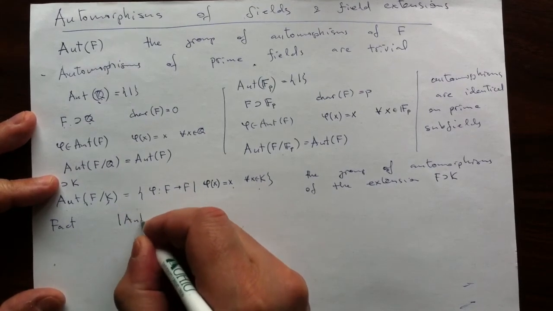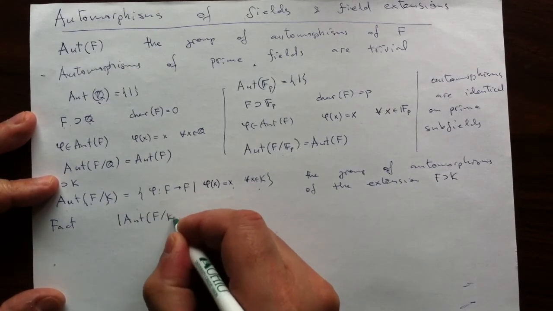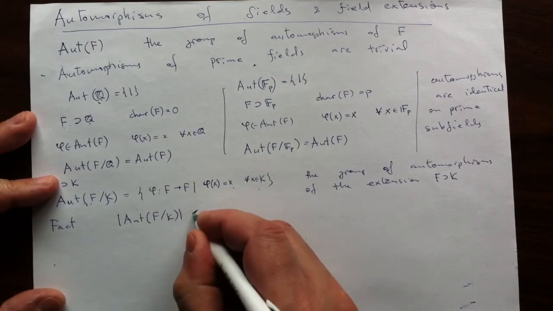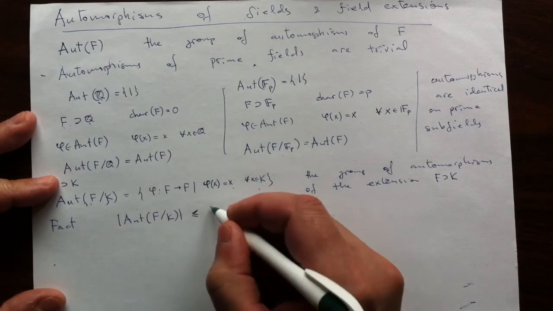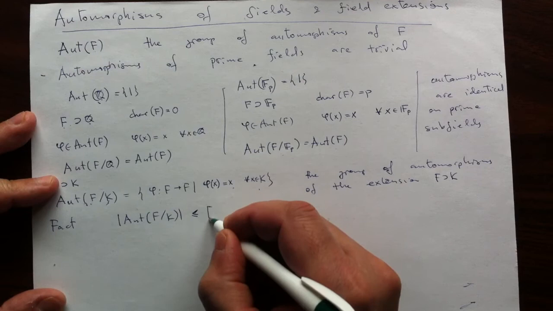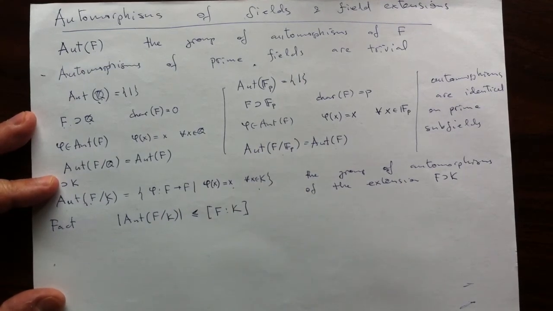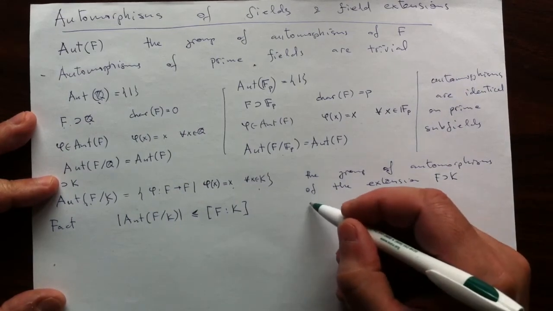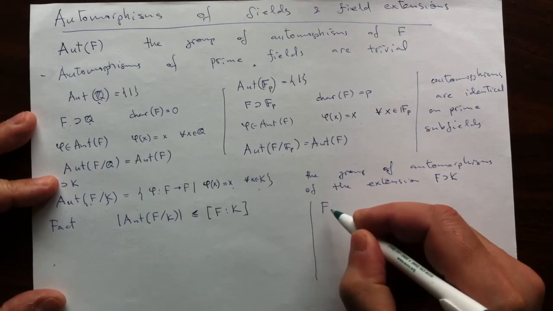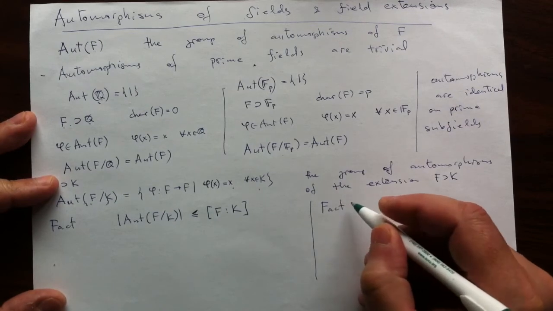Let's write the order of this group, and the upper bound for that order is the degree of the extension. So this fact I will be deducing from another fact about algebras. So let me just put this technical fact here.